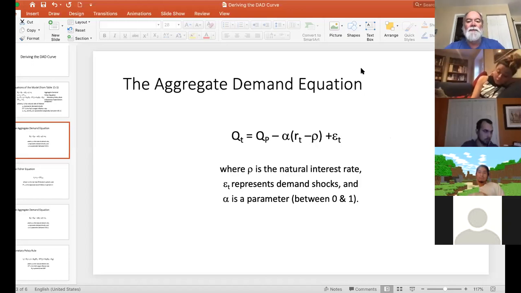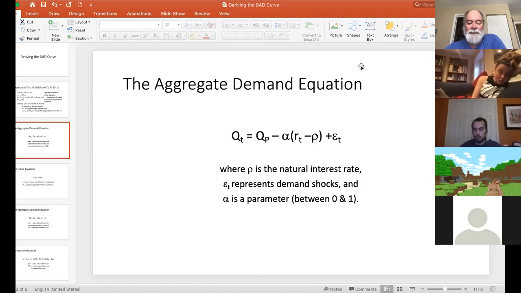Let's talk about what those things mean here. Somebody asked a question in their chapter analysis and said, is the natural rate of GDP the same as what I call potential real GDP? And the answer is absolutely yes. Okay, so that gives us a clue about rho.